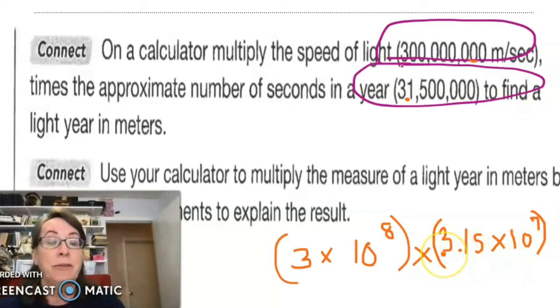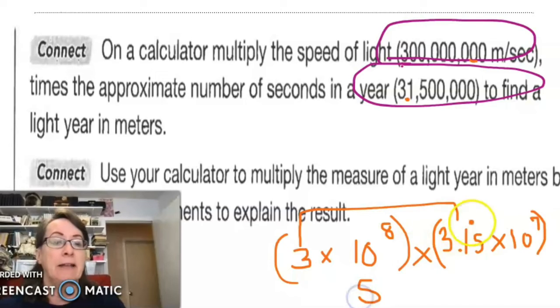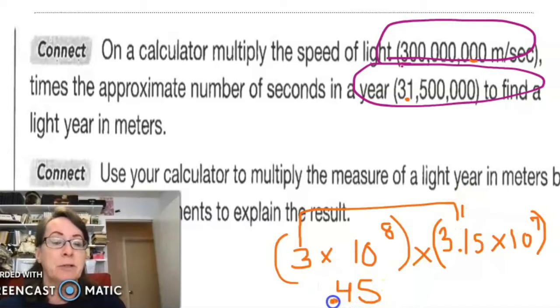The cool thing is I can multiply this pretty easily, because when multiplying scientific notation, I take the two A parts and multiply them. 3 times 5 is 15, carry the 1. 3 times 1 is 3, plus 1 is 4, and I'm going to have a decimal, and 3 times 3 is 9. So 9.45 is these two numbers multiplied together, times, and then I multiply the powers of 10.